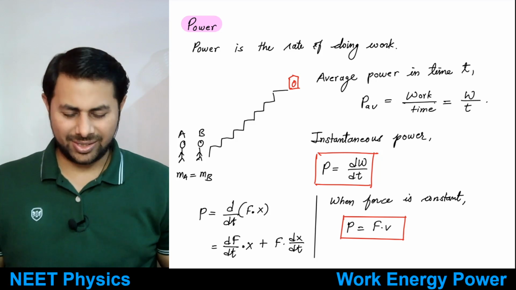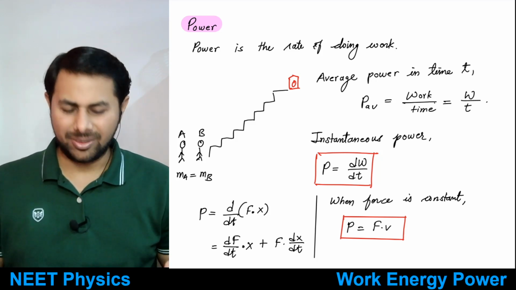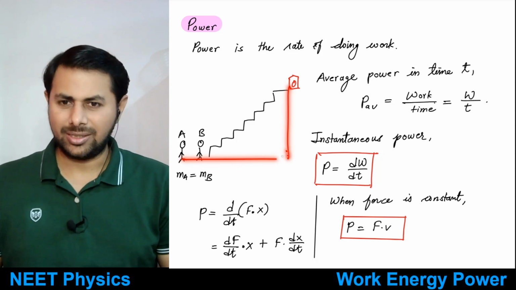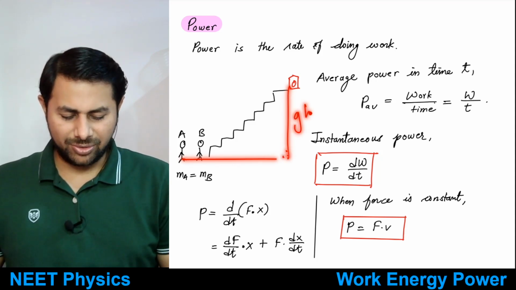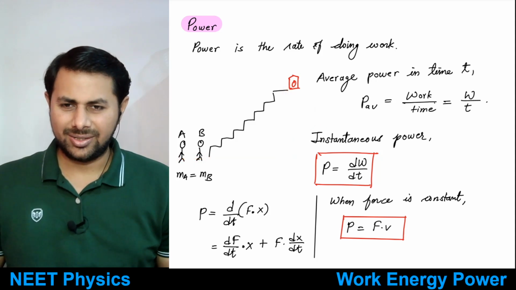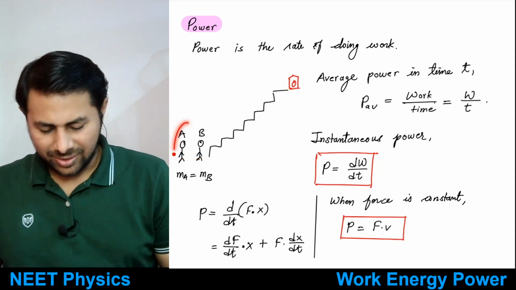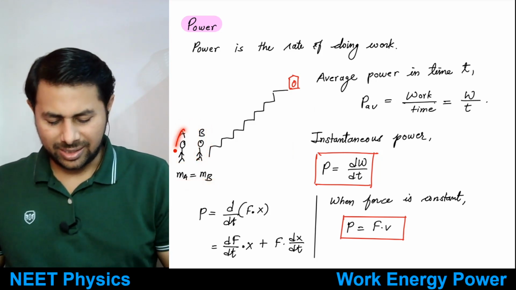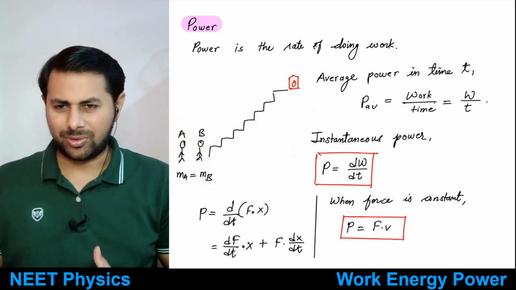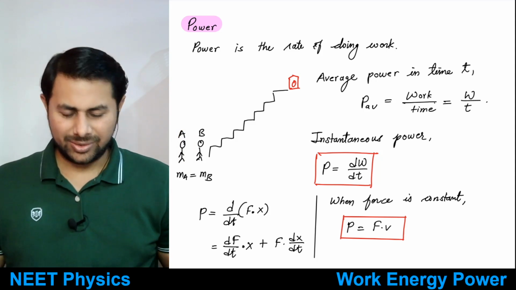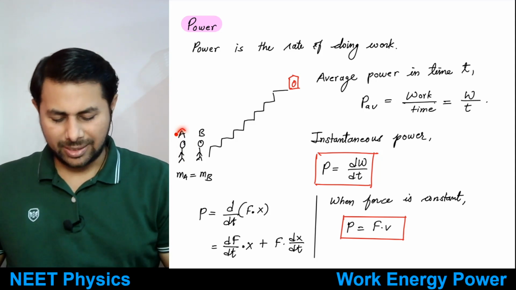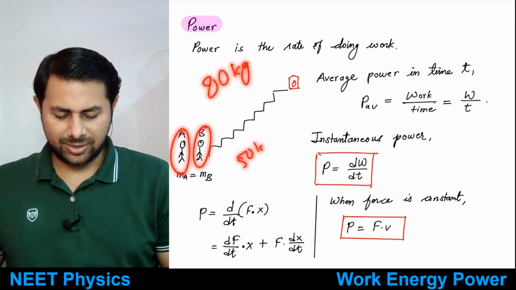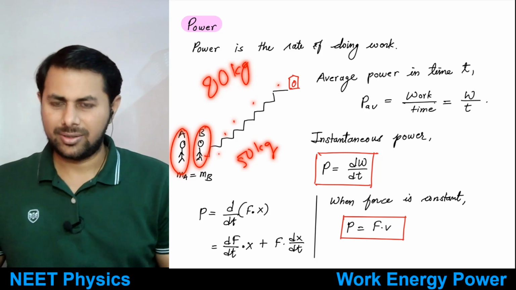Because here they are doing some work against the gravitational force. How much is the work done? Work done is equal to their mass multiplied by g into h, right? Now it depends on their masses. So if mass is equal, then you can say that student A is more powerful. Suppose mass of A is 80 kg, mass of B is just 50 kg, and they walk together.